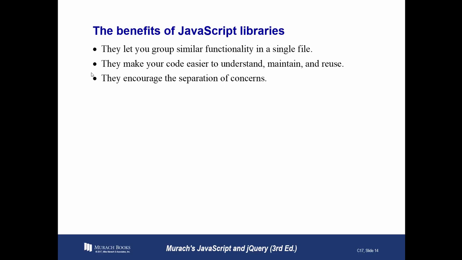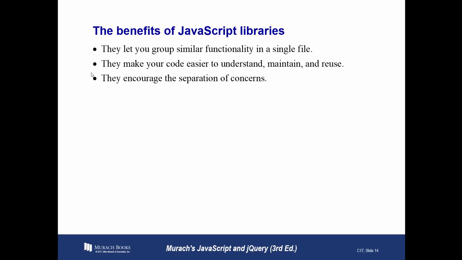Kind of the way that I think I talked about this earlier on in this course in the HTML portion, where your HTML should be in a .html file, your CSS should be in a .css file, your JavaScript should be in a .js file. Well, you can take functions that are similar to one another that you use often and put them into one or more libraries and then reuse them as what you need to. This keeps your JavaScript files smaller, and it makes them easier to understand, especially when you are reusing them.